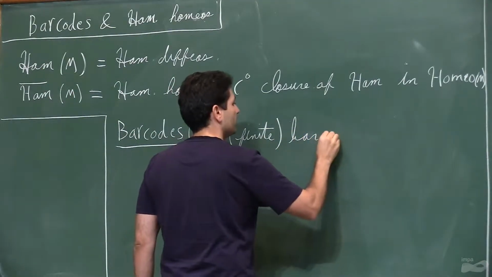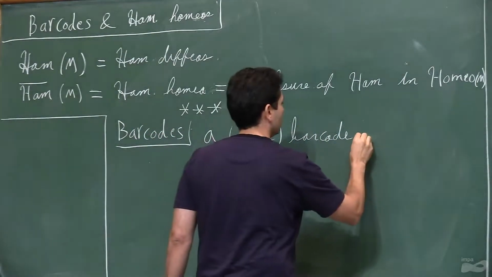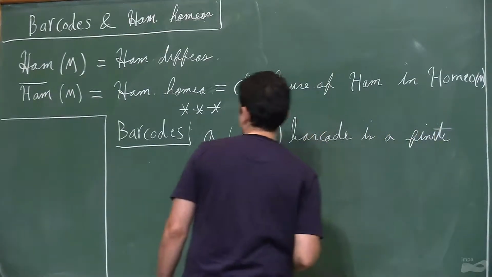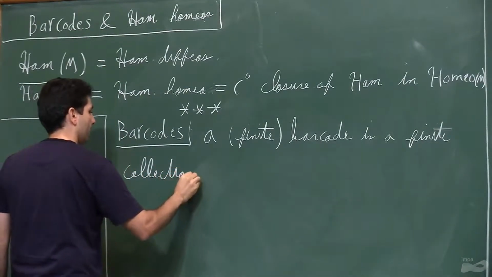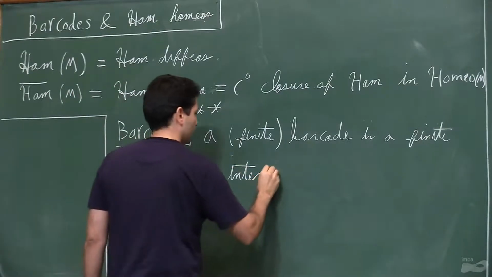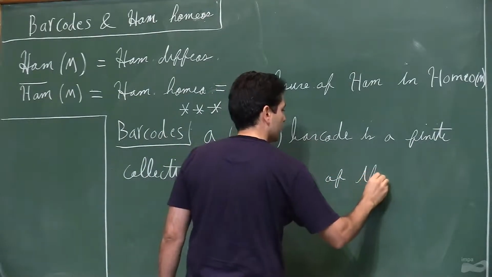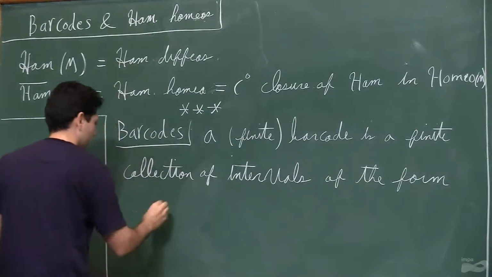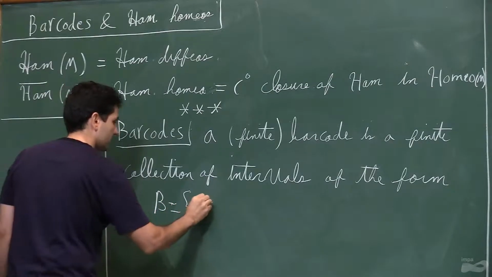By a finite barcode, I mean a finite collection of intervals of the following form. Let's call the barcode B. It's a collection of intervals I_j.